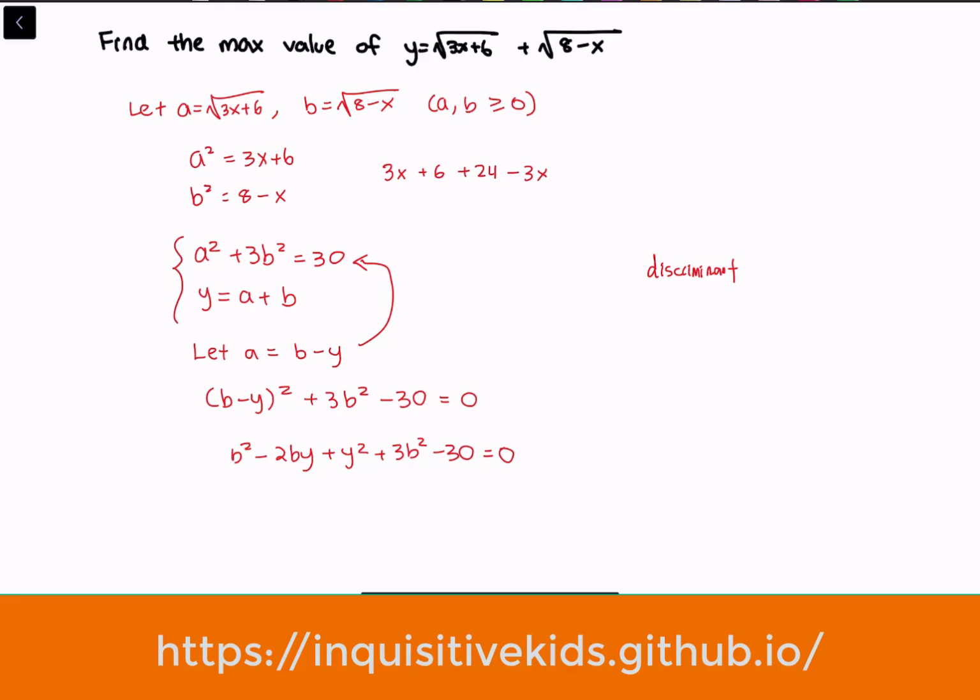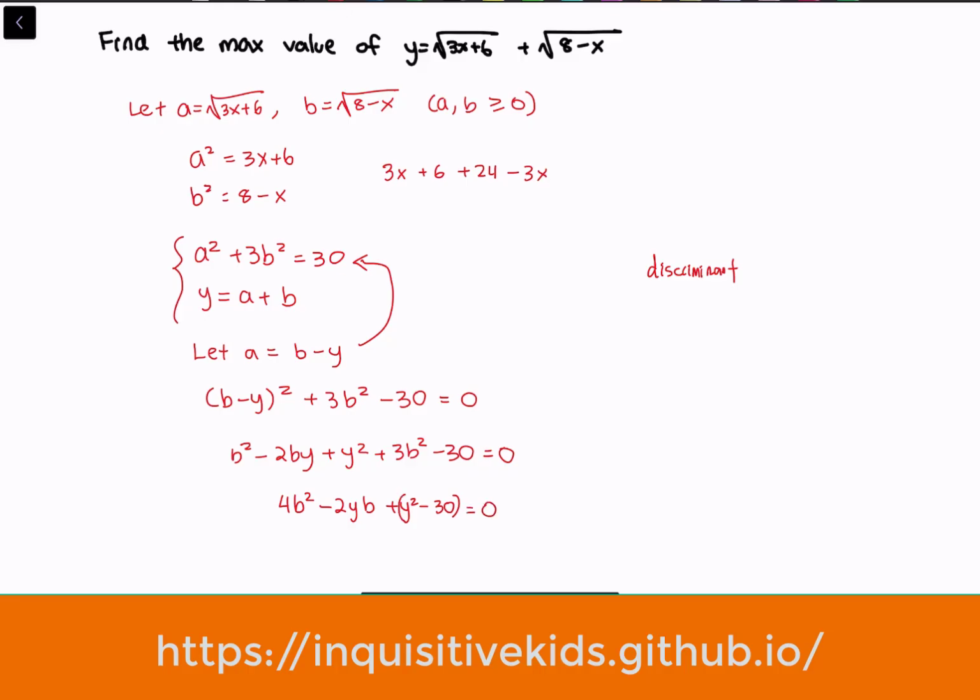This way we can get all of the y's into the coefficients of the terms. So we have 4b squared minus 2yb plus y squared minus 30. And this is equal to 0.